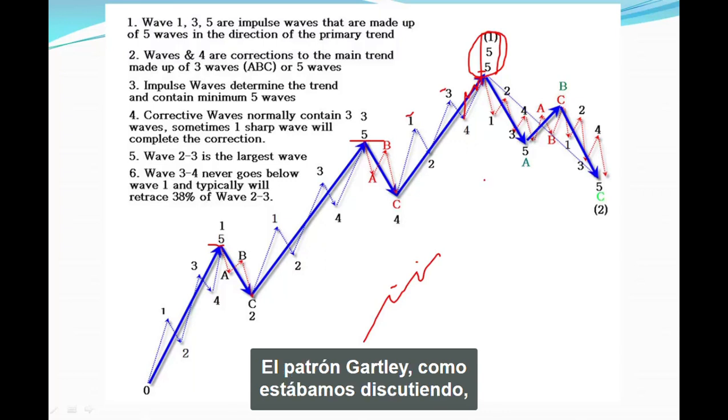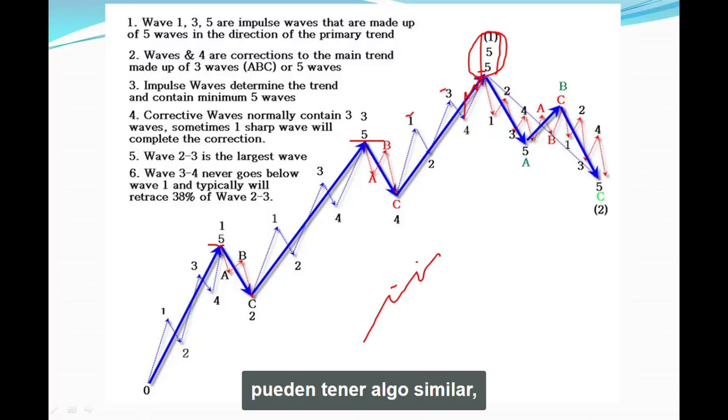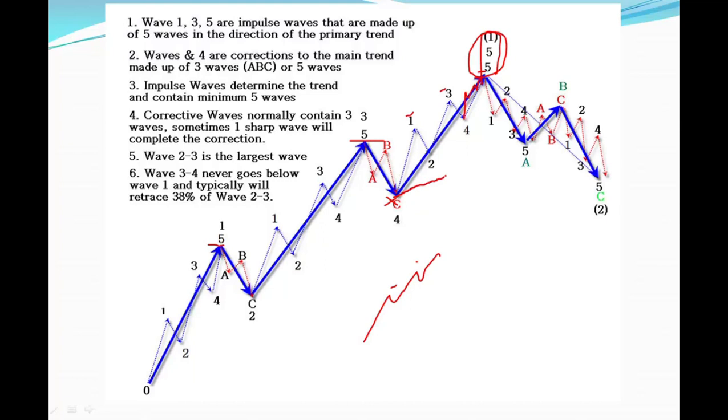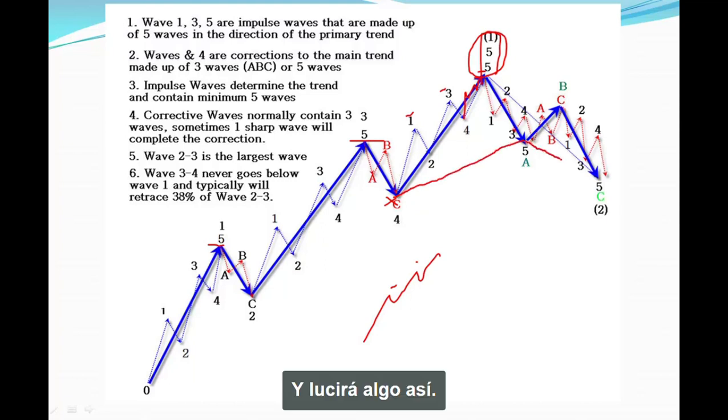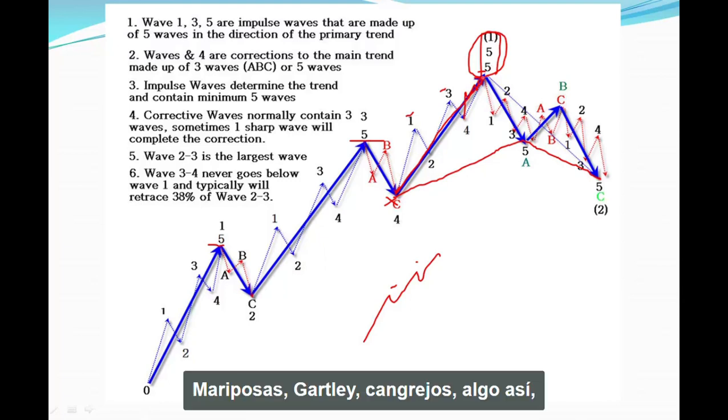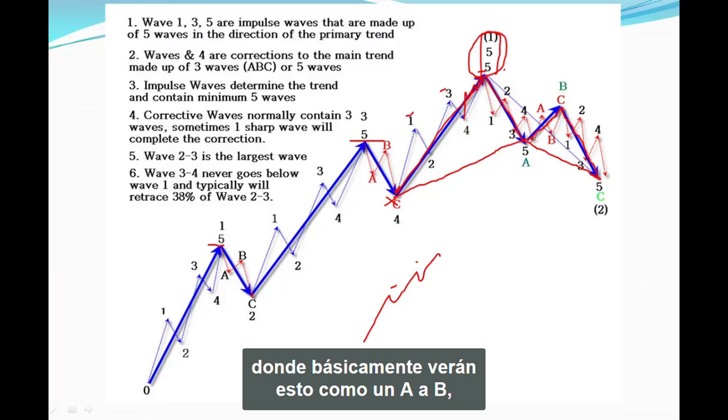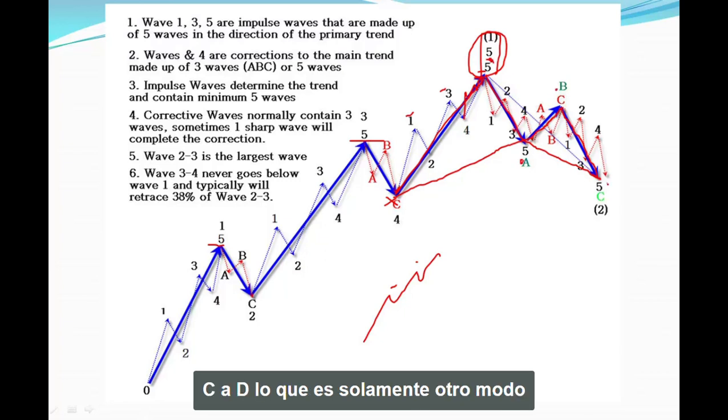The Gartley pattern, as we were discussing, you can have something similar to where you have an X here, and it'll look something like this. Butterflies, Gartleys, crabs, something like this, where basically you're looking at this as A to B, C to D, which is another way of saying that the market put in a high and then you have an ABC corrective wave.